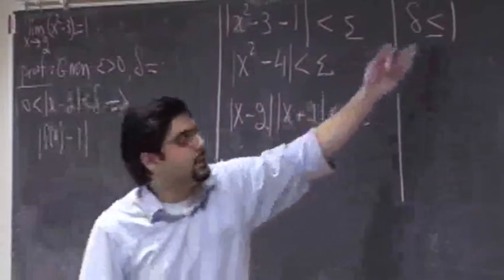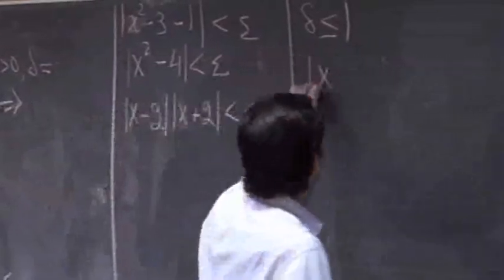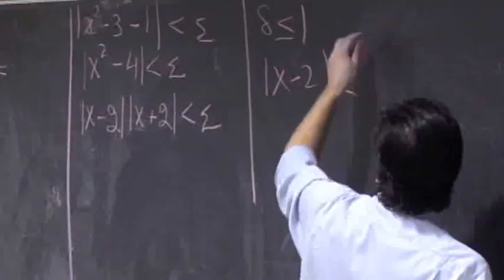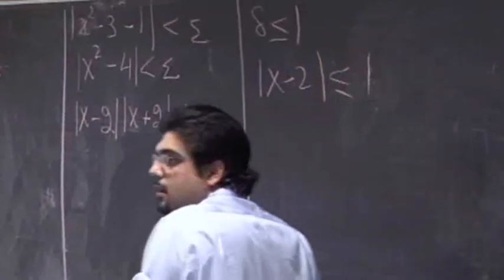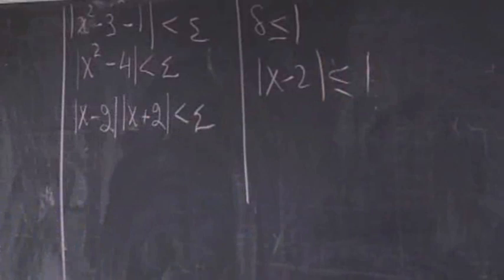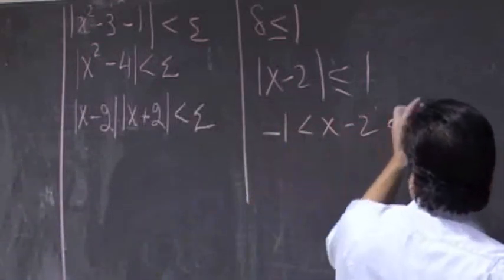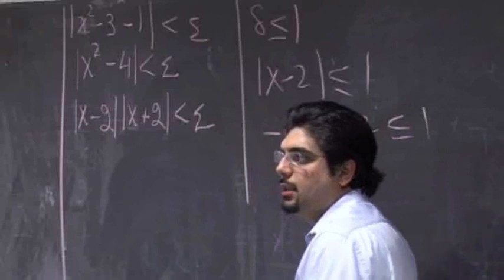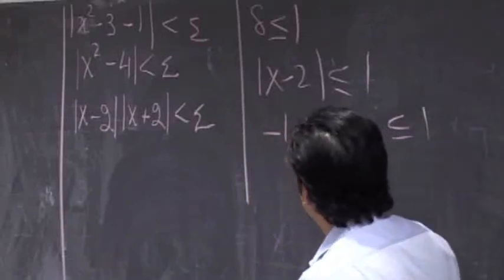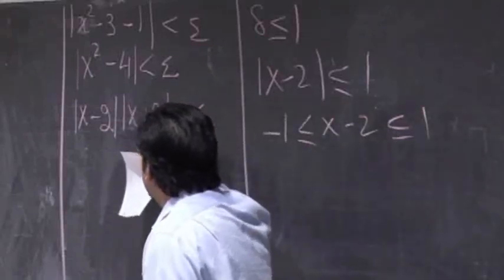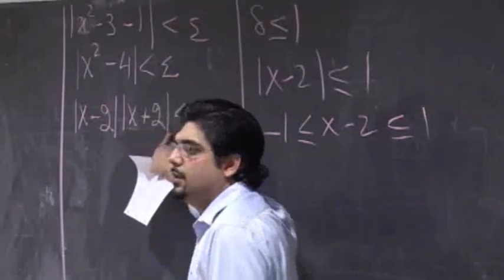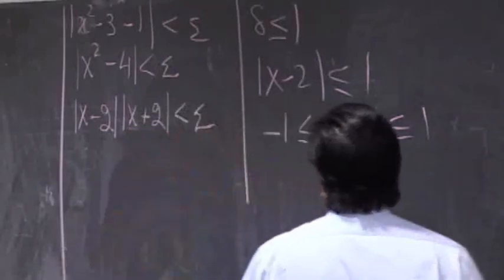If delta is less than or equal to 1, that's what we know, and that gives us an idea of where x is. So we're trying to find out the size of this quantity, the worst case scenario.